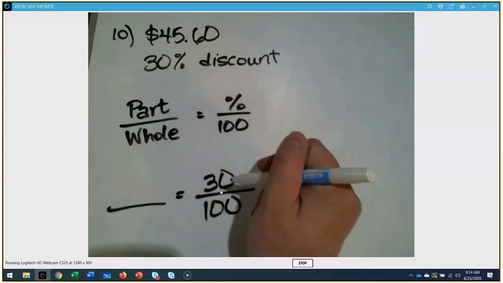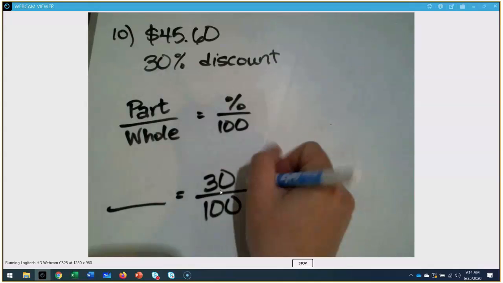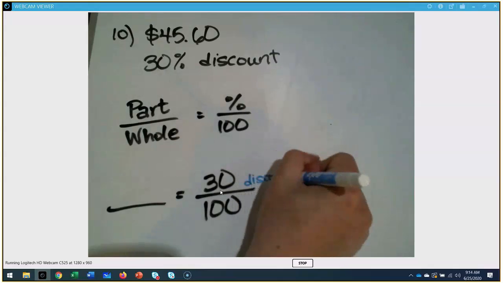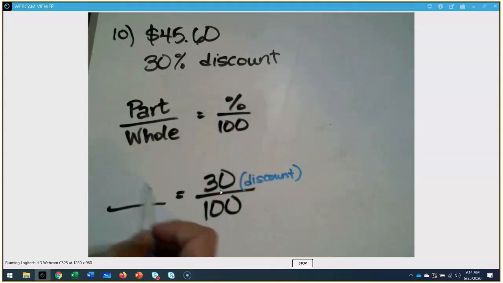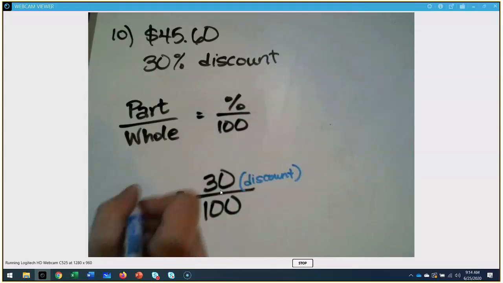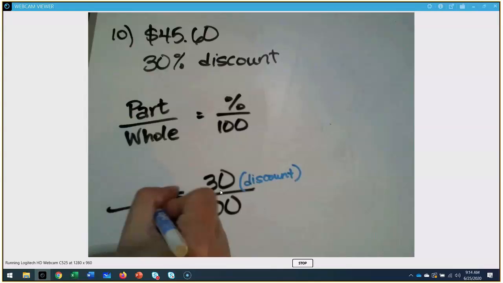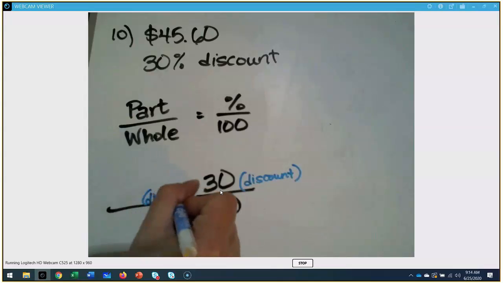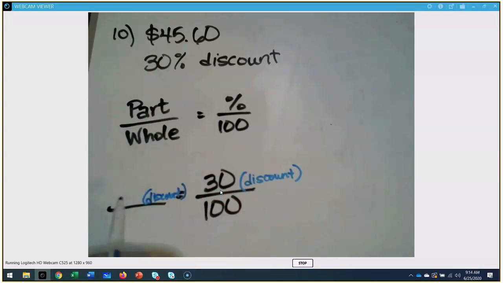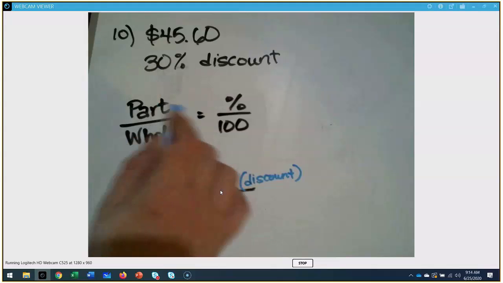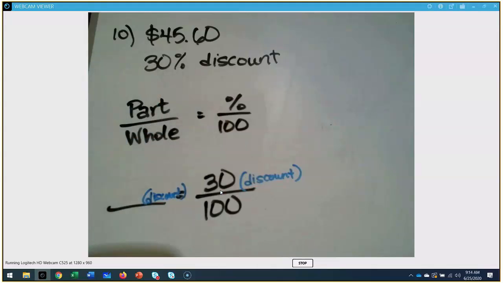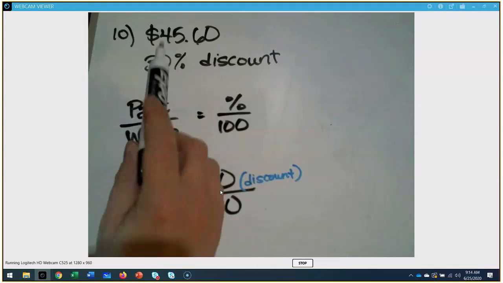If this is a 30% discount, then what I'm going to solve for over here also has to represent a discount. Whether I have it or I don't know it, it is going to represent a discount because that's what this rate is.